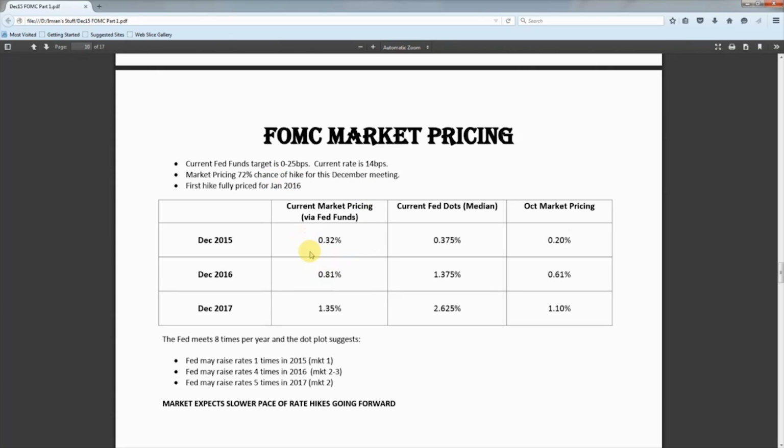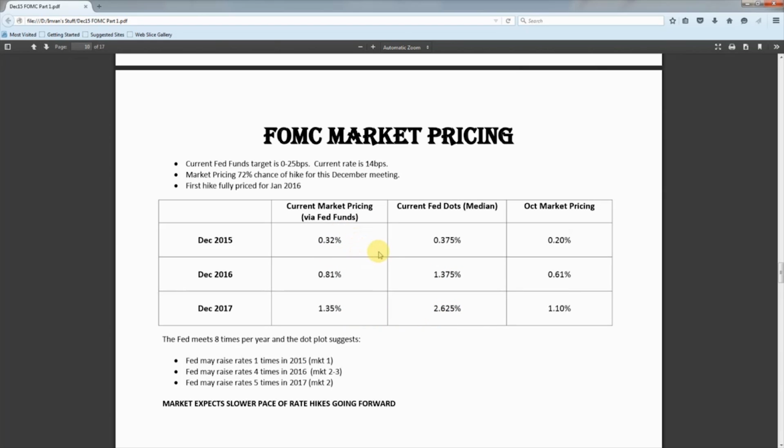So if we look at the current market pricing, 32.32 for December, pretty much slam dunk rate hike. Current Fed dots are slightly higher than that, but there hasn't been such a close consensus for a long time. We've seen disconnects between the Fed and the market for a long time, and while it still persists in longer dates, December 16, December 17, you can see over 50 point differential there, over 120, 130 point differential there.